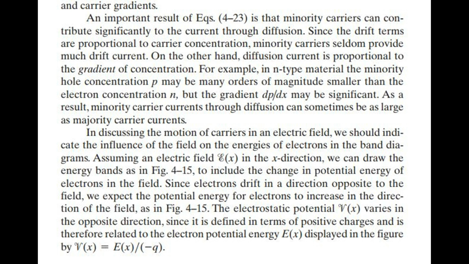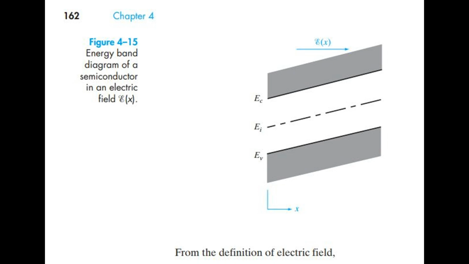Since electrons drift in a direction opposite to the field, we expect the potential energy for electrons to increase in the direction of the field, as in Fig 4-15. The electrostatic potential, V(x), varies in the opposite direction, since it is defined in terms of positive charges and is therefore related to the electron potential energy E(x) displayed in the figure.